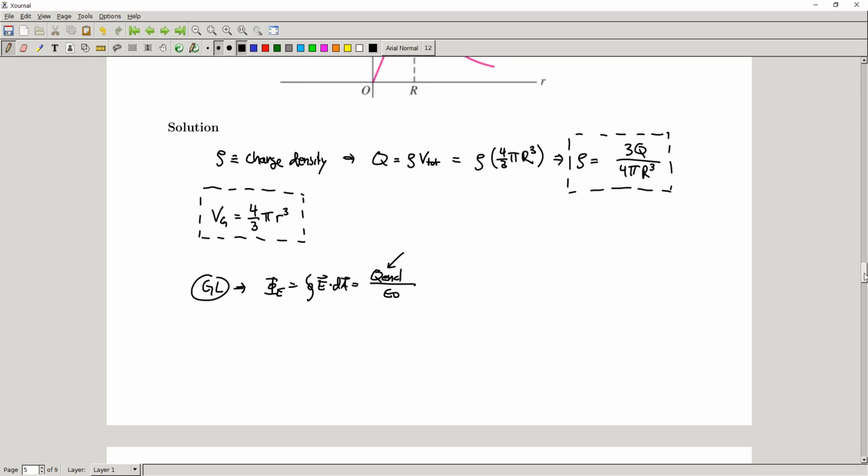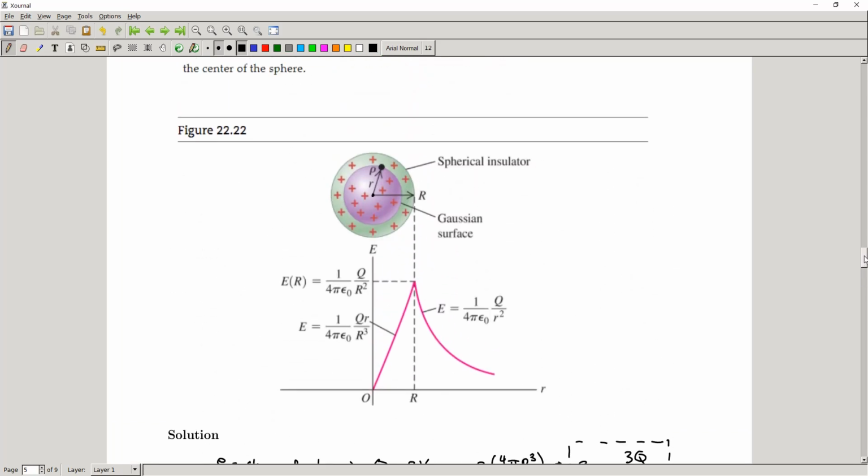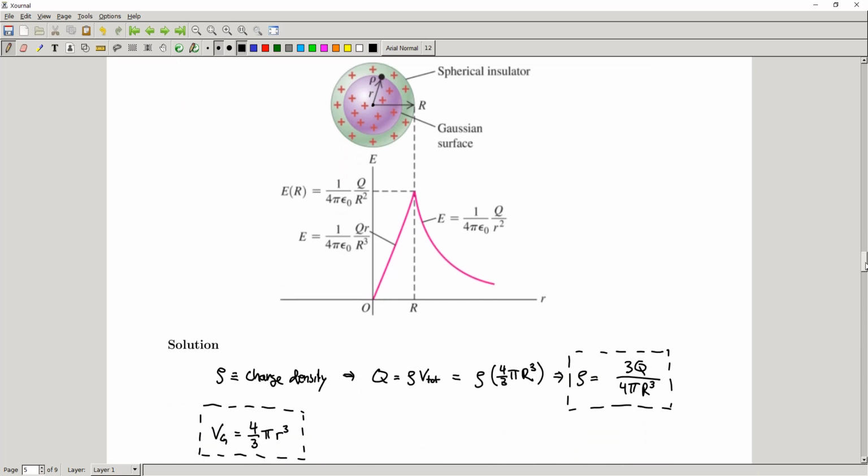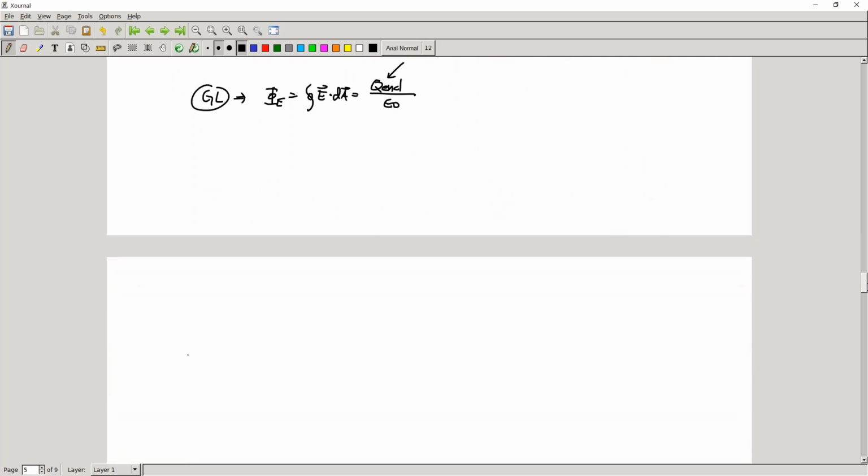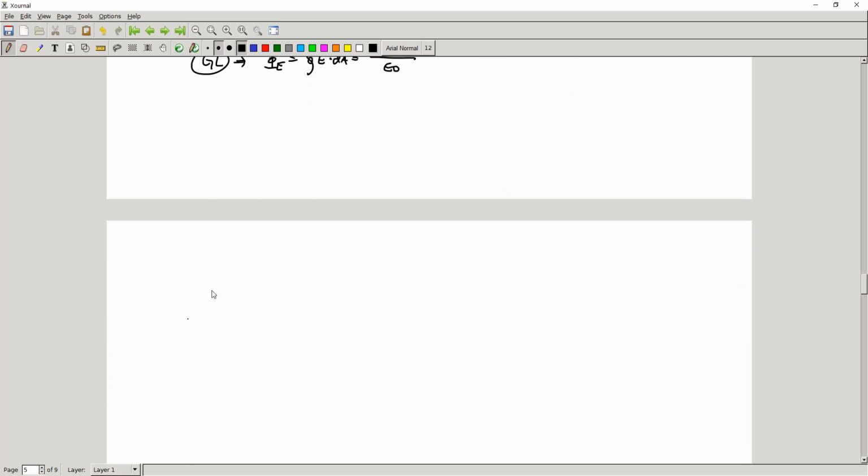But our Q enclosed is changing the whole time that our small r is changing, right? Our Gaussian surface is getting larger, and as it gets larger, it chews up more and more of the spherical insulator, right? So we're slowly encompassing more and more of this enclosed charge. So let's take a look at what Q enclosed is.